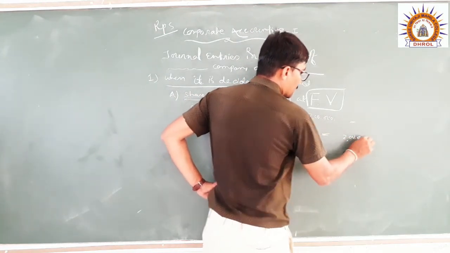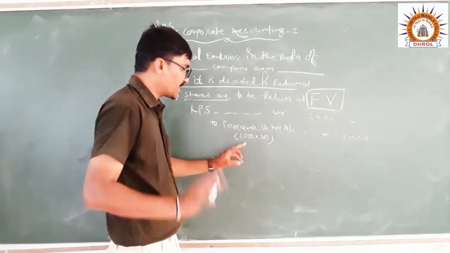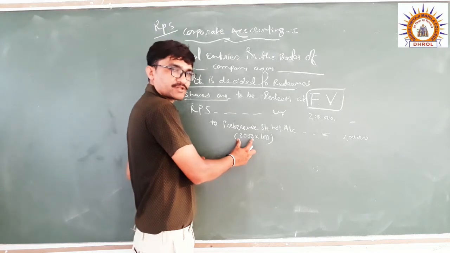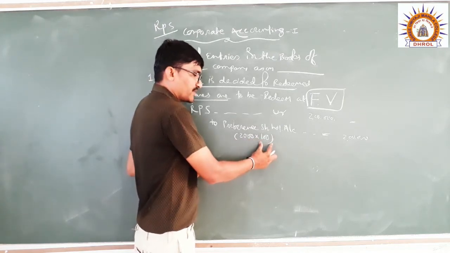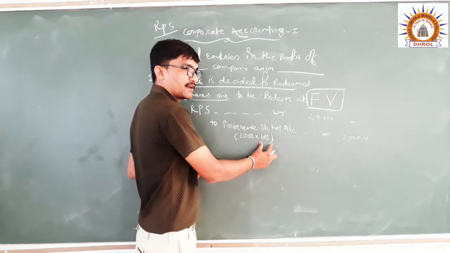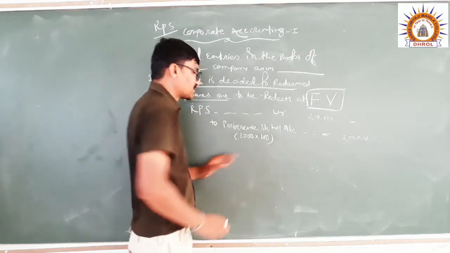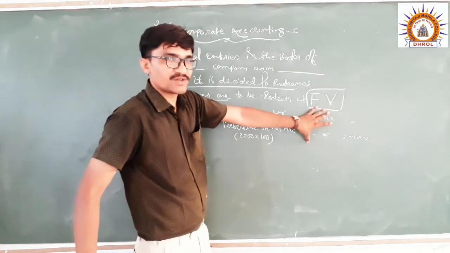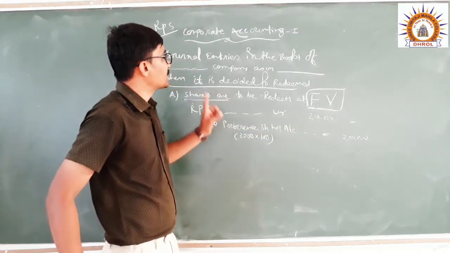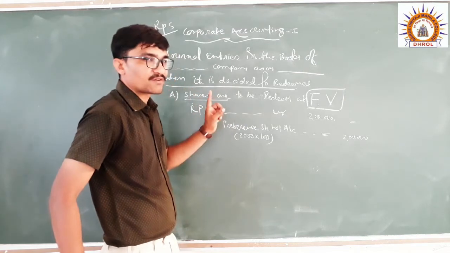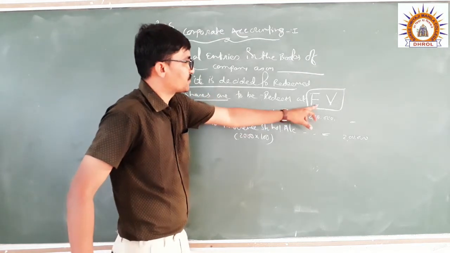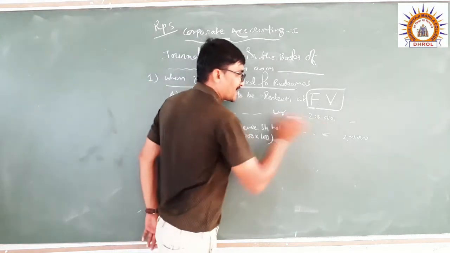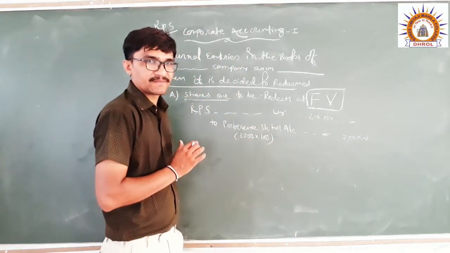There is no amount of premium, so it is the face value. If the company decides to redeem the redeemable preference shares at face value, then simply the number of shares multiplied by the given face value, and the amount is 2 lakhs rupees.